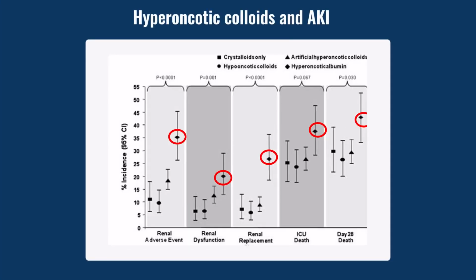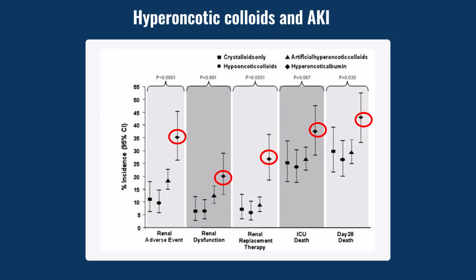Not only do they stay inside the blood vessel, they also drag the water outside the vessel into the vessel. Therefore, the intravascular volume increases by a volume more than the volume that was infused. The classic example is 20% albumin, which is considered a hyperoncotic albumin, and there are certain starch solutions considered hyperoncotic at this point of time.